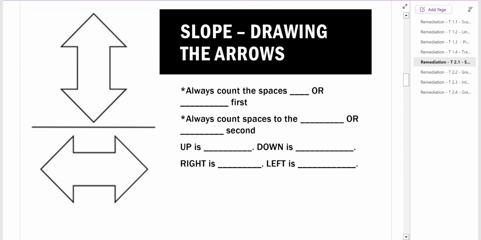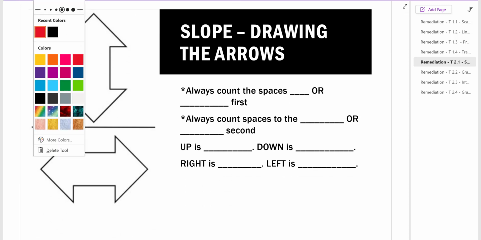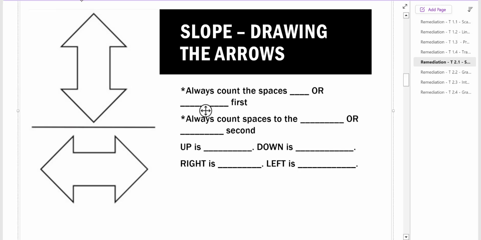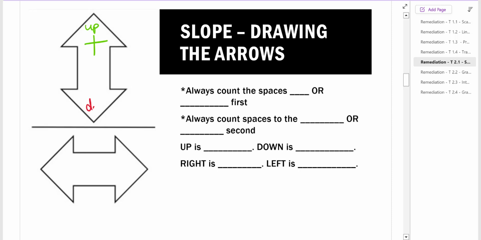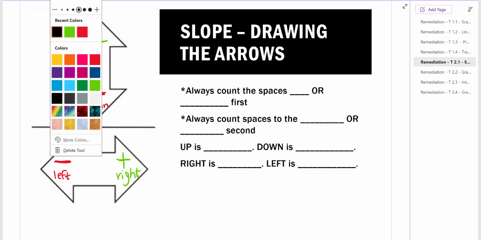Okay, now for slope, I teach with arrows. So if it's going up, it's positive. If it's going down, it's negative. If it's going to the left, it's negative. And then if it's going to the right, it's positive. Okay, so we're going to fill out the blanks to the right.